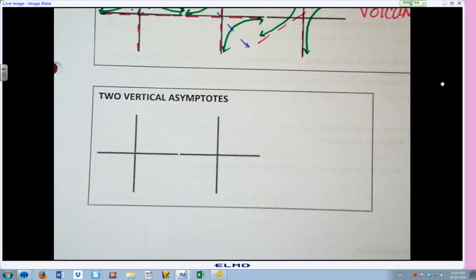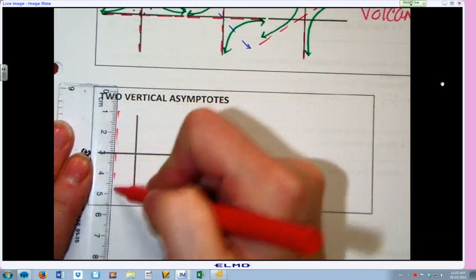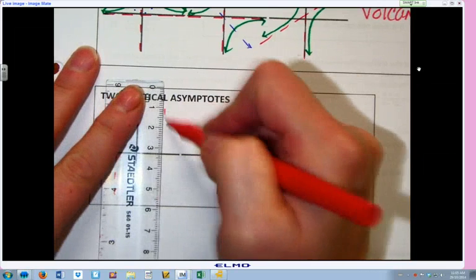Okay, then we looked at two vertical asymptote graphs. So typically one's on the left and one's on the right. They're typically symmetric, but they don't have to be.